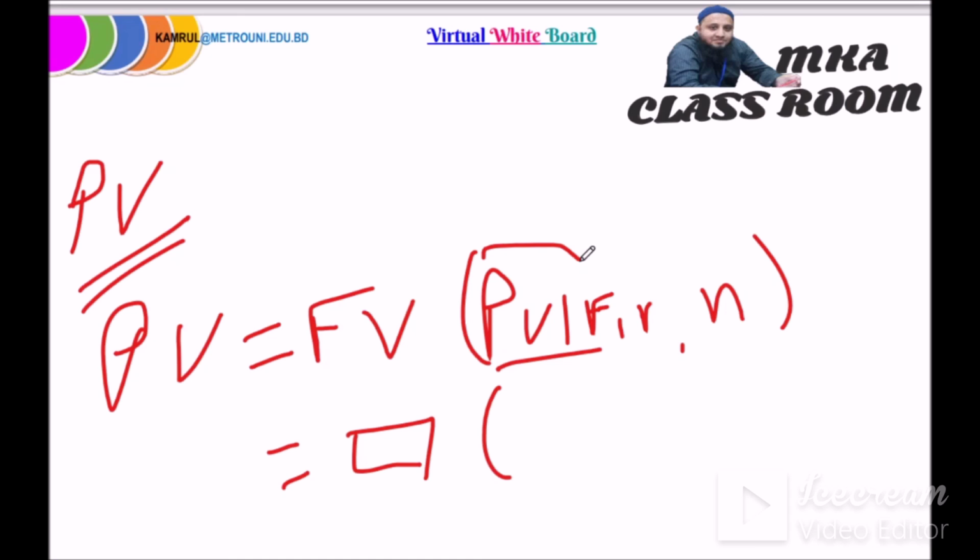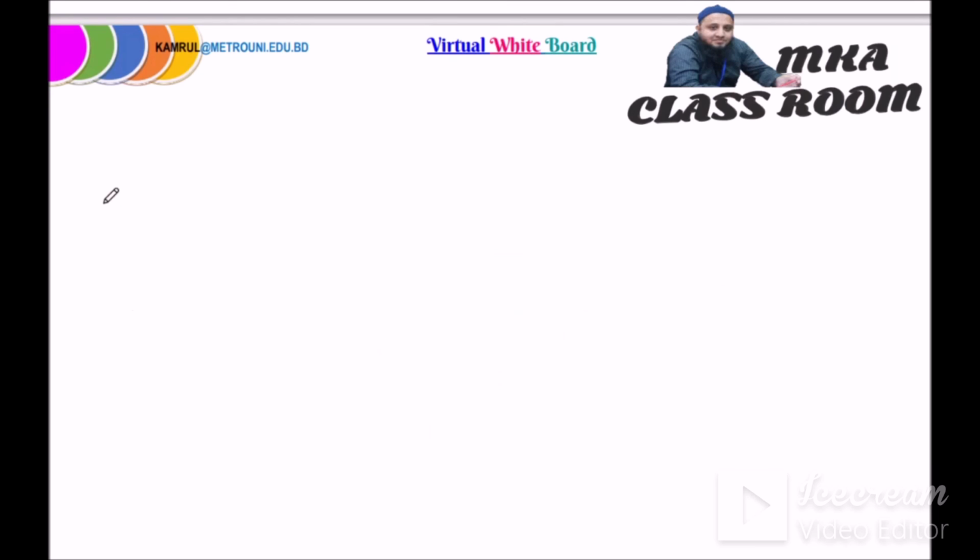In the same way, for a mixed stream problem, you take the year values and the PVIF interest factors, then multiply the values.